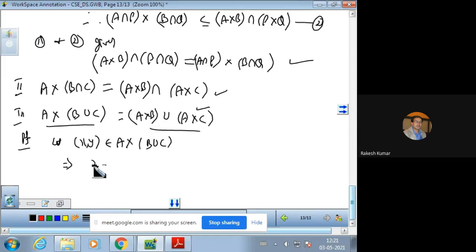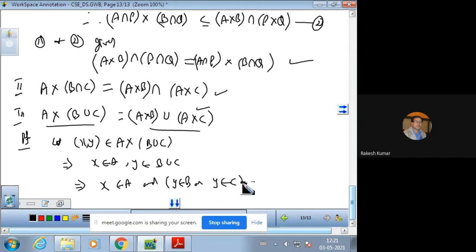So this gives that x belongs to A and y belongs to B union C. So this implies x belongs to A and y belongs to B or y belongs to C.